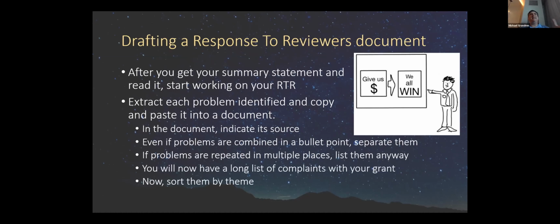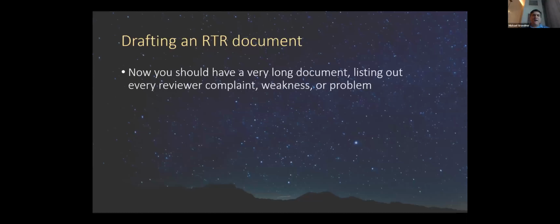If there was a certain design issue, like if you had problems with your preliminary data, put that all in the thing, depending on how they aggregate, and you sort of mentally factor analyze these things, cluster them, sort them by cluster. Now you should have a very long document listing out every reviewer complaint, weakness, problem, imperfection.